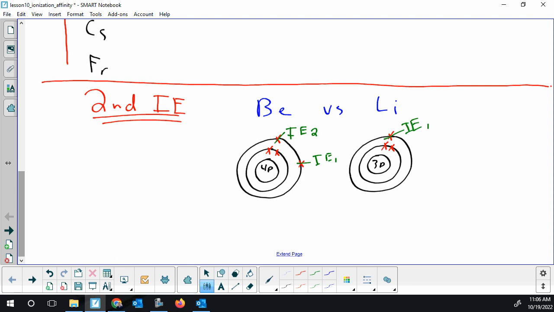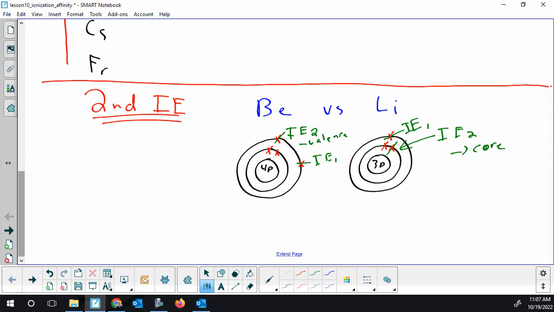It's one of the second energy level electrons. It's one of the valence ones. If we look at lithium, we have no more n equals 2 electrons to remove. We've got to remove one of these cores. IE2 is a core electron. IE2 for beryllium was a valence electron, an outermost electron.